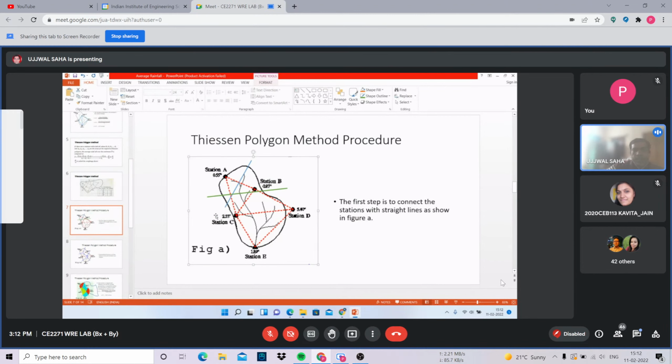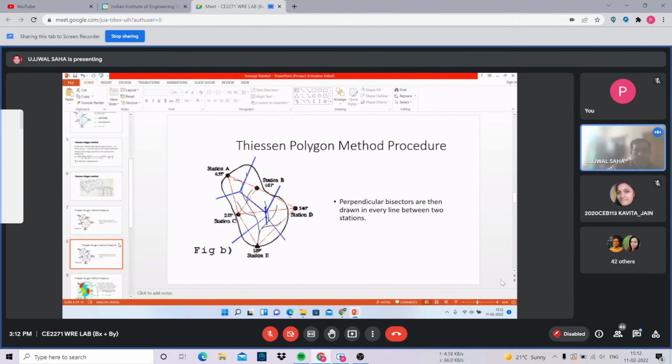Like this way, you can see here, we'll join all the perpendicular bisectors and let them cut each other. Then we can easily divide the area, because I know this point will be closer to station C, because it is on the left side of this perpendicular bisector and it is also on this side.